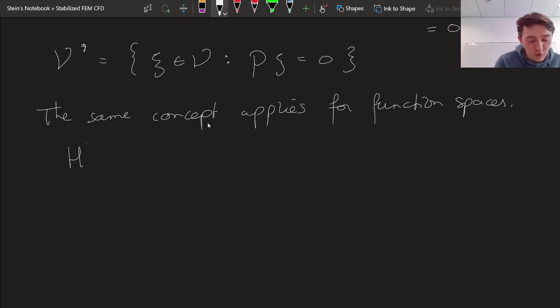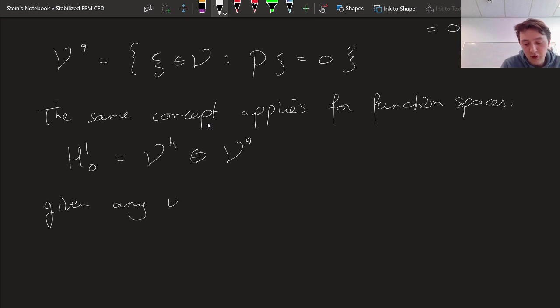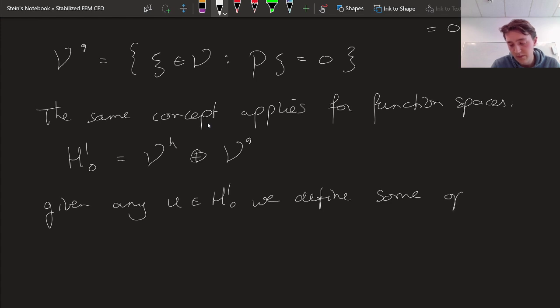Where we're going to say H10 is defined as a direct sum between VH plus V prime, and then given any function u in H10, we have to define some operation to determine what we find to be a good approximation to that u.